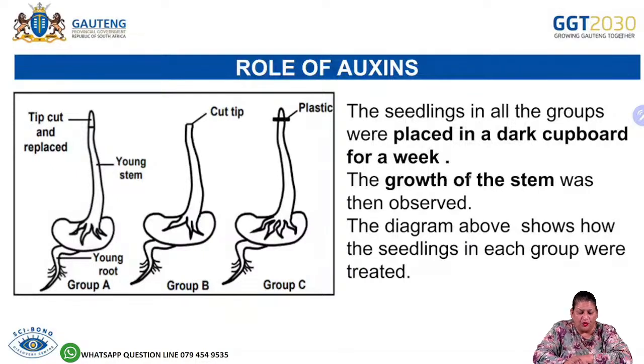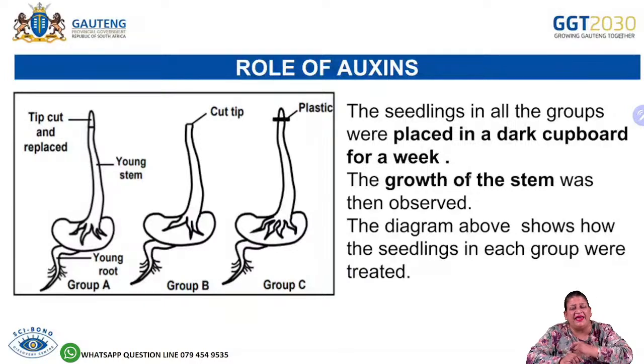Okay, so what is going to be our independent and dependent variable? These are two terminologies you need to know for investigative questions. One is validity, one is reliability, one is independent variables, and your dependent variables. Now let us look at this investigation. What are you able to control? You are able to control the effect of auxins.